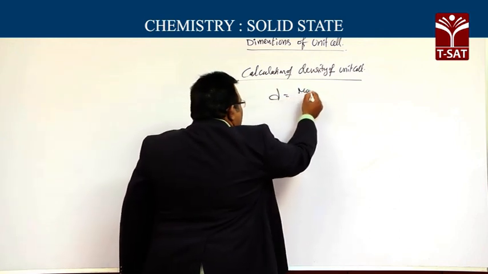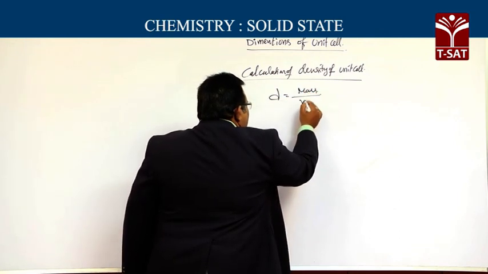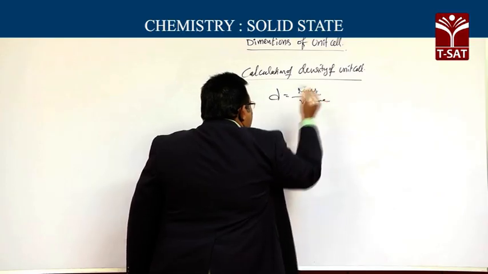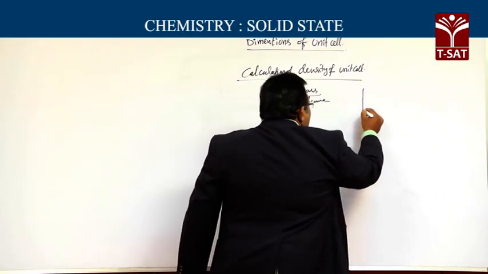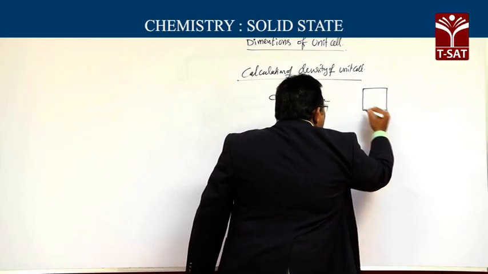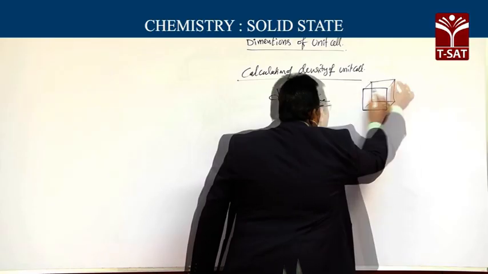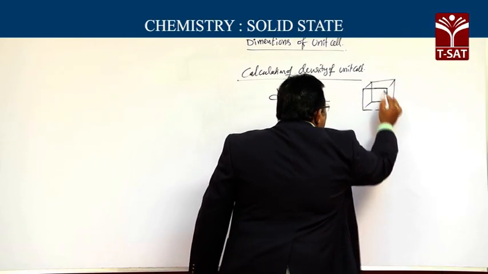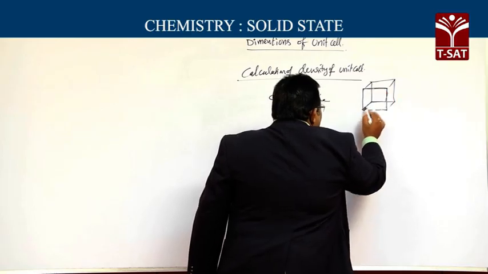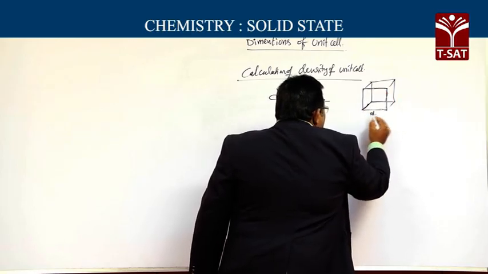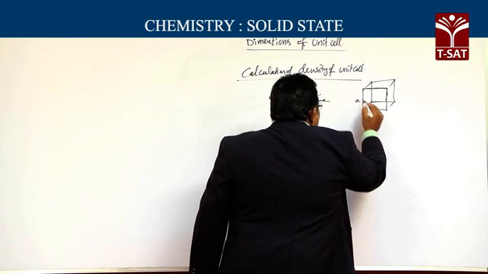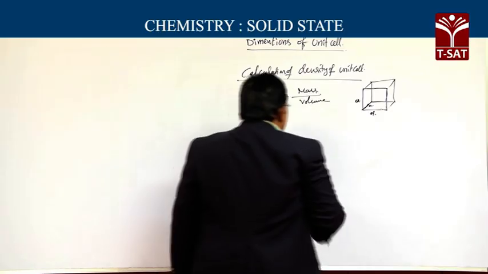Here we are supposed to calculate the density of the unit cell. This is the edge length, this is another edge a. Volume is a cube.